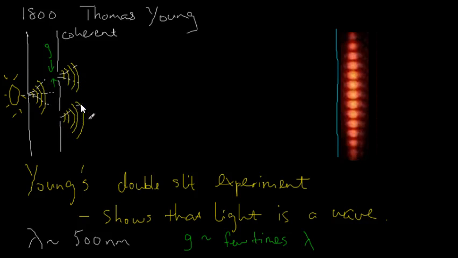But the light doesn't bend that much because it's very hard to make a very small gap, even if you try to cut it on a piece of wood or metal or paper. So if the light doesn't bend too much, then the spacing between the two gaps must not be too big. Otherwise, they don't bend enough to actually meet. So we have to make this spacing quite small as well.